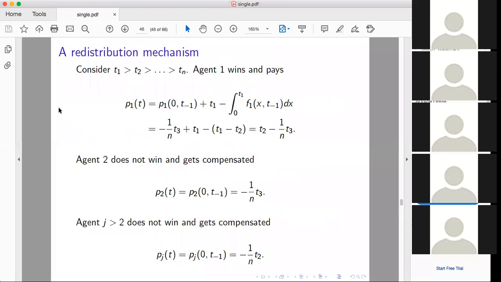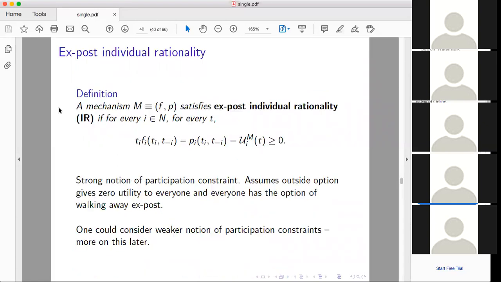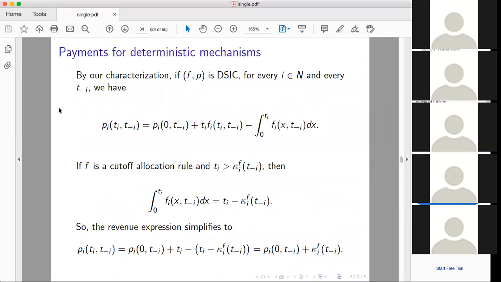Now we use the payment formula. So this is the payment formula: t1 times the probability of winning, which is 1 minus 1 over n, minus this integral.